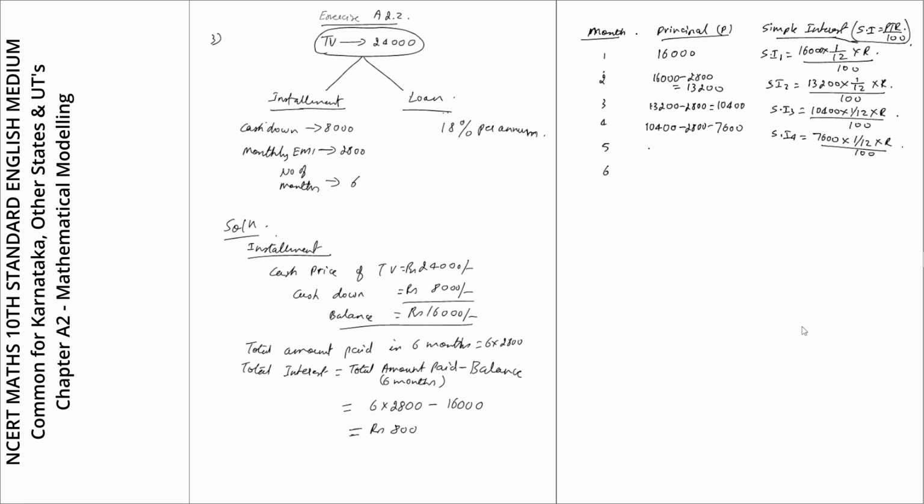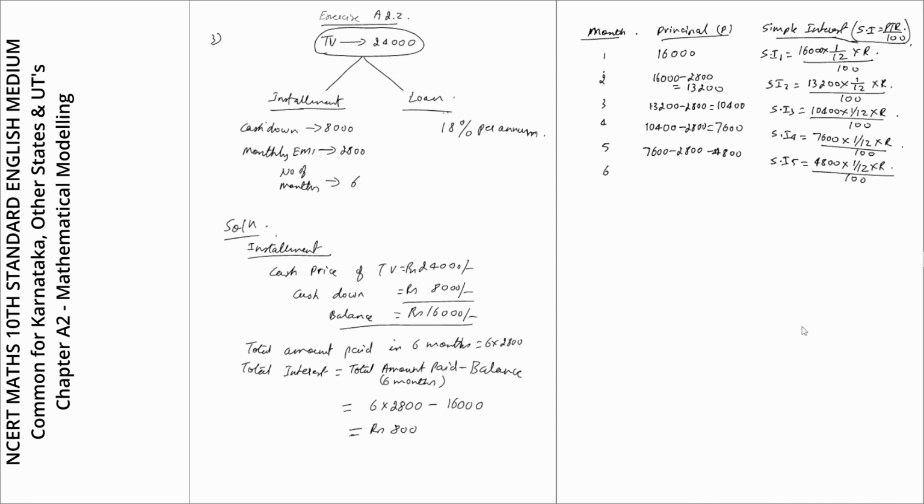And in the fifth month the principal is 7,600 minus 2,800, it is 4,800. So here the simple interest is equal to 4,800 PTR by 100. Time is just 1 month, that's why 1 by 12, into r by 100.